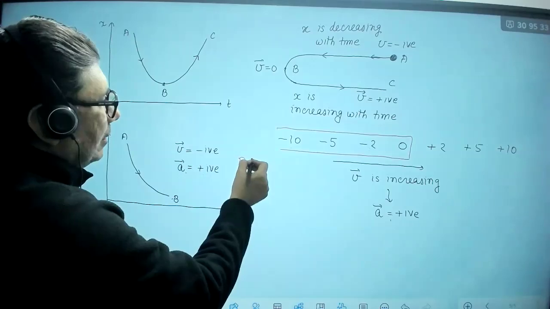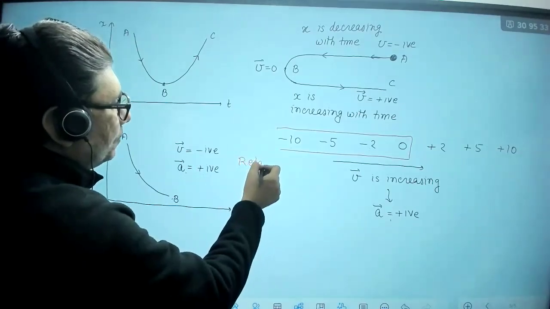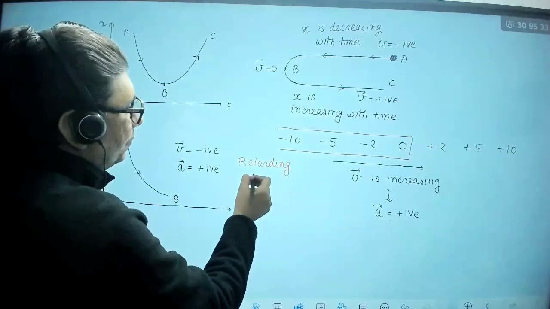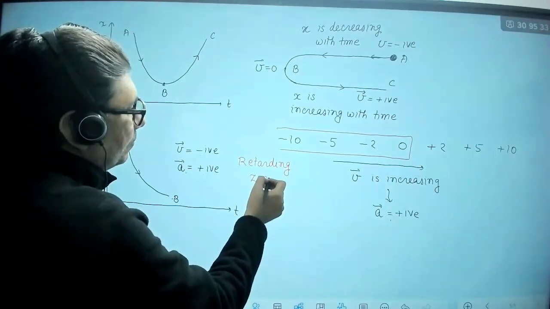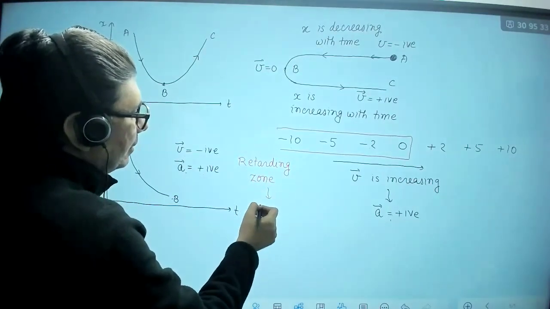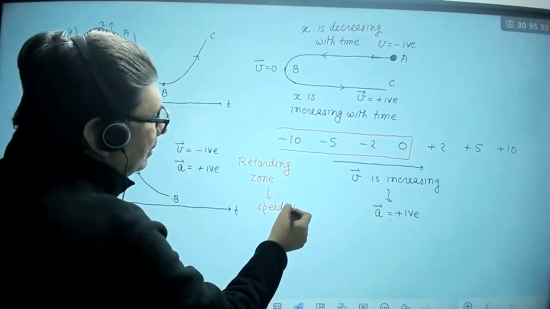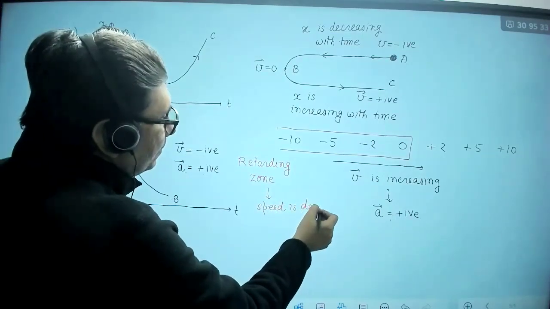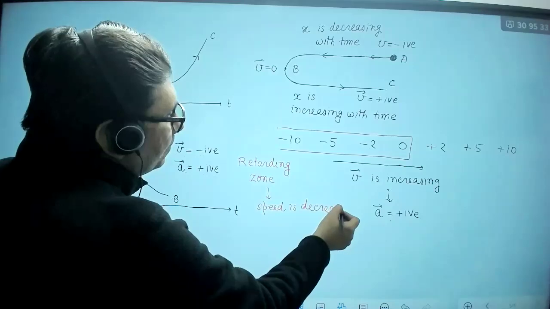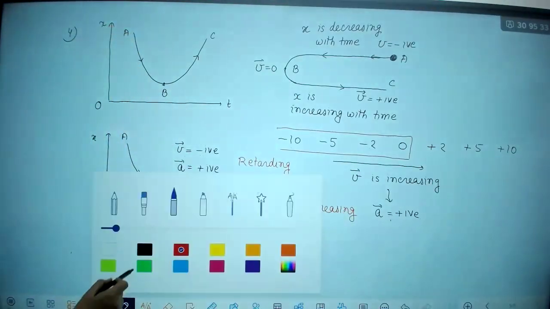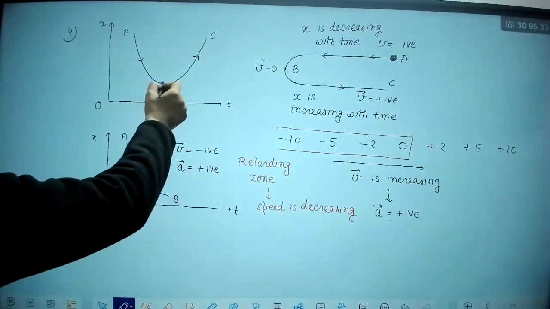This is retarding zone. Speed is decreasing. If you look at speed, speed is decreasing here.